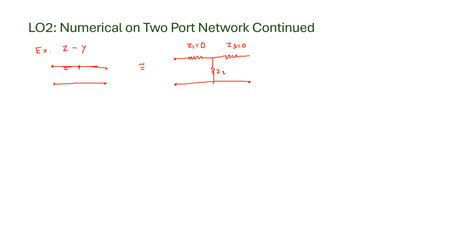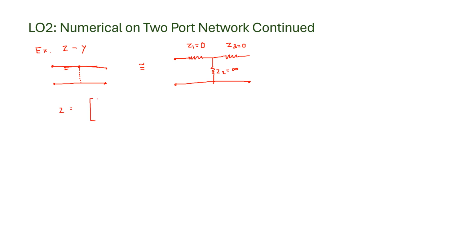And between these we have included resistor Z2, impedance Z2, and the value of this impedance should be infinity. Why is it infinity? Because it is as good as an open circuit. We don't have a resistor. Now we can find Z parameters for this.